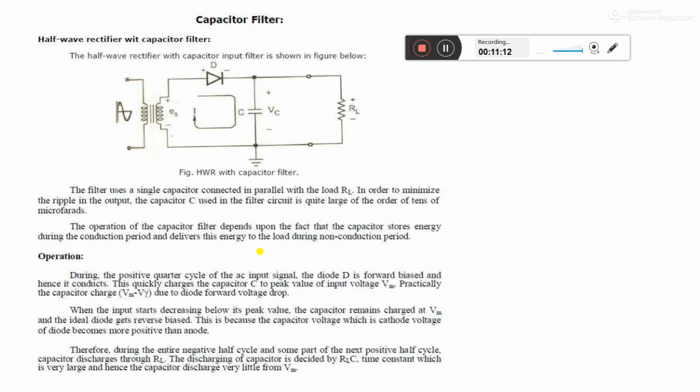Whenever a capacitor is subjected to some input source, it stores energy, and when we remove that source, the capacitor delivers that energy to something else. Here the capacitor is connected with the load, so during its non-conducting or discharging state the charge passes towards the load resistance.